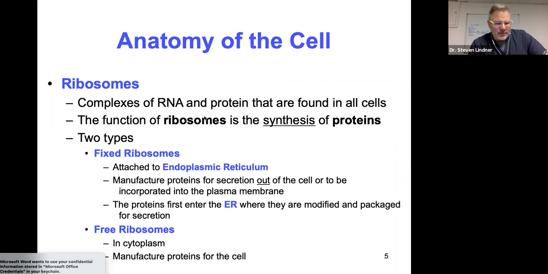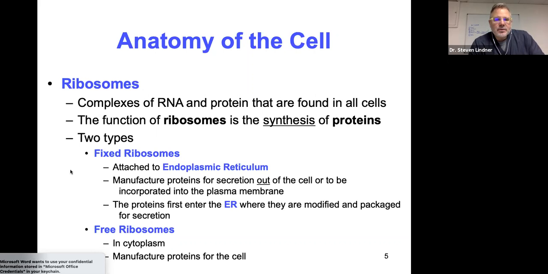The function of ribosomes is that they're involved in the synthesis of proteins. Synthesis means the production of proteins. And these ribosomes come from the nucleolus. Remember, there was the nucleus, and then that orange pit deep inside called the nucleolus. So the nucleolus is where these ribosomes come from.